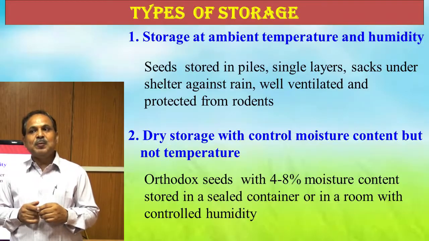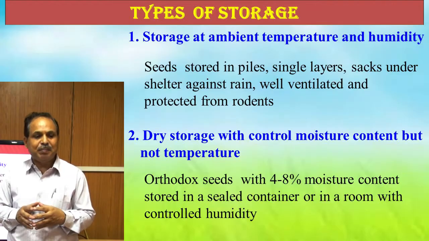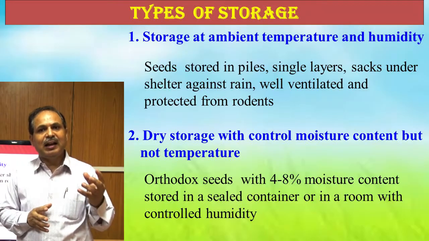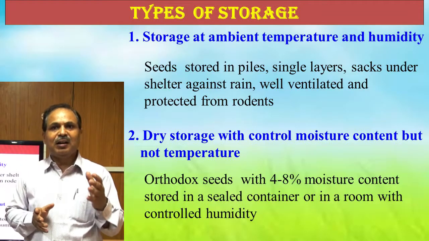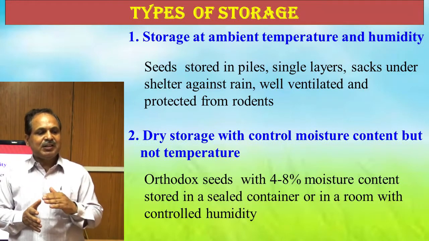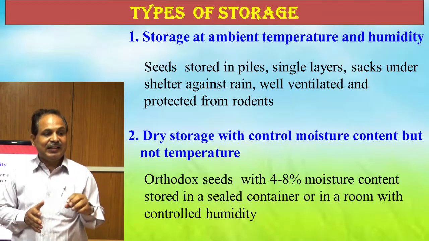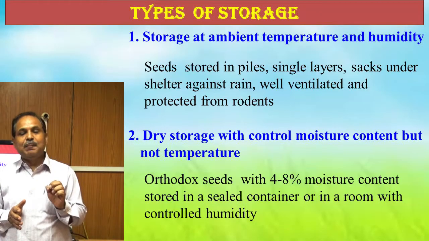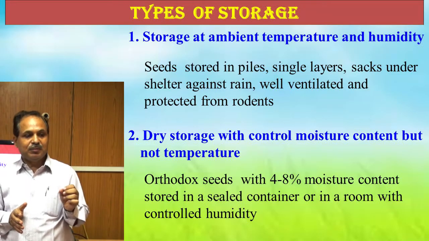Next, the type of storage we generally use is storage at ambient temperature and humidity. In this case, seeds may be stored either in bulk or in bags. Seeds packed in bags are stored in piles with a single layer on a stack under shelter against rain, which must be well ventilated and protected from rodents, because rodent problems are very common during seed storage.